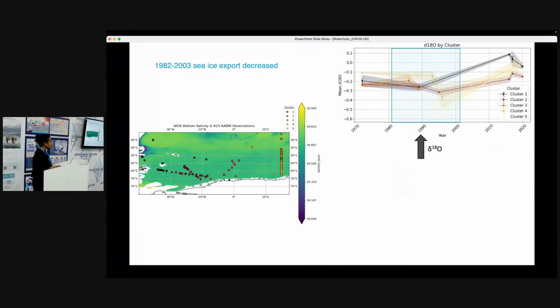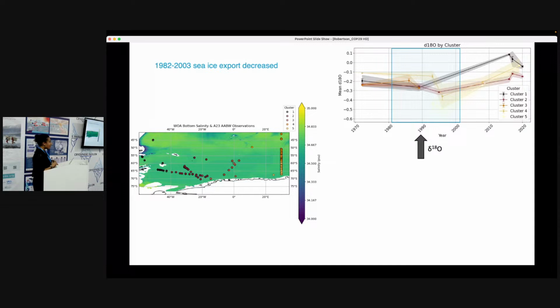And over this same period of time, looking at the water isotopes, we also saw enrichment of these water isotopes, which is indicative that sea ice is driving these processes rather than glacial melt.